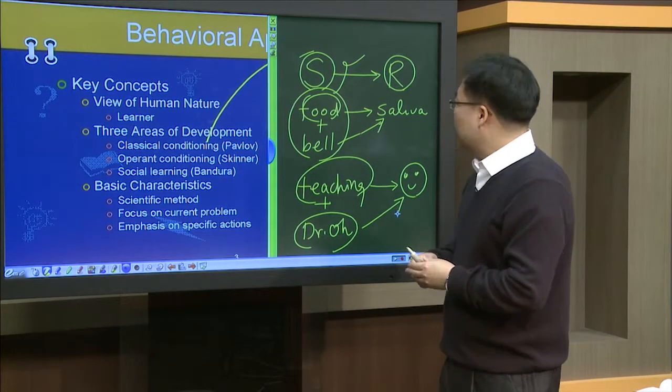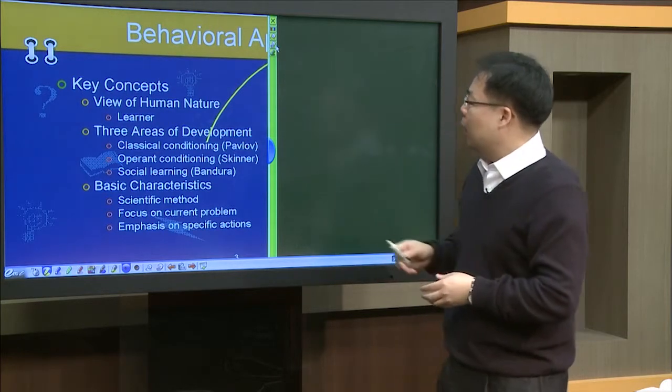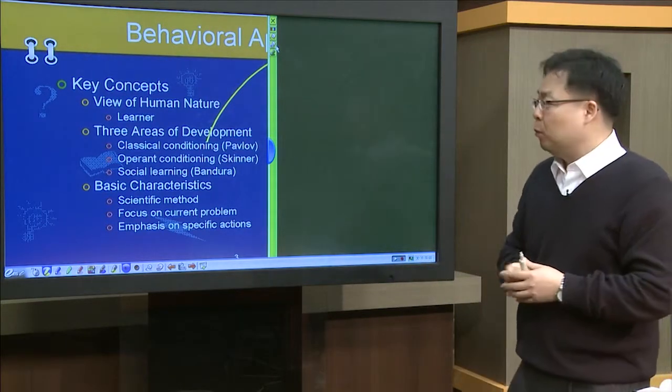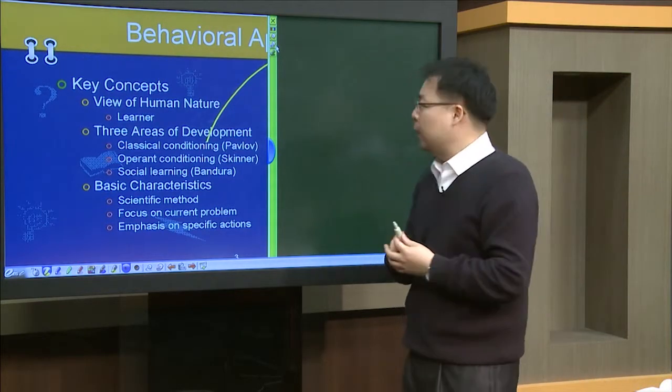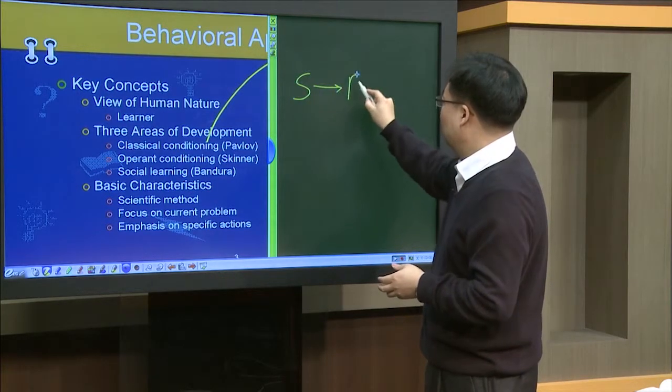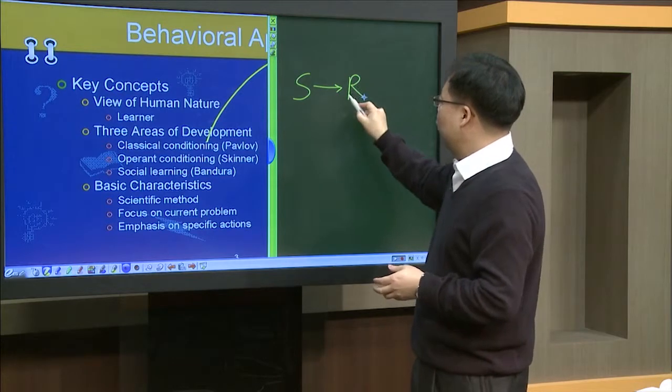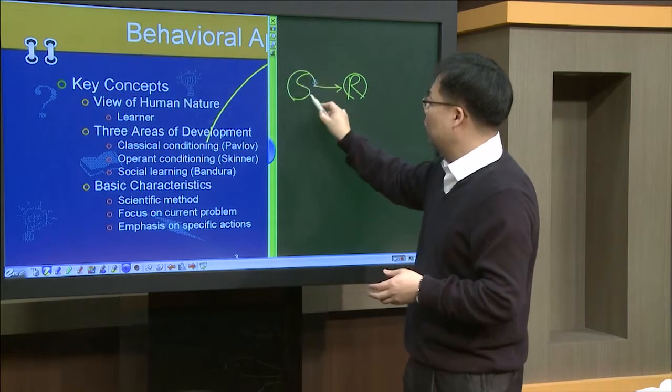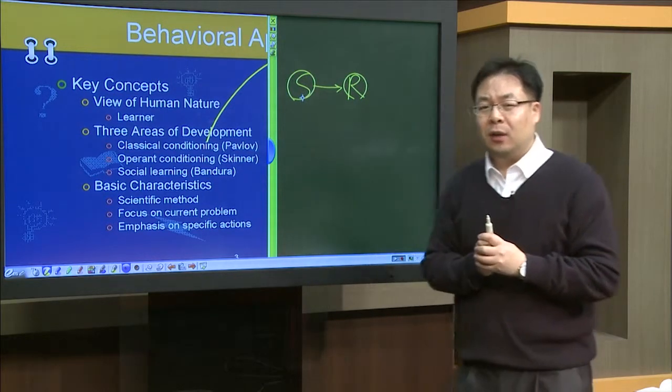The second one is operant conditioning. It's different because in Pavlov's theory, we can change the response by manipulating the stimulus, but Skinner had a different thought.